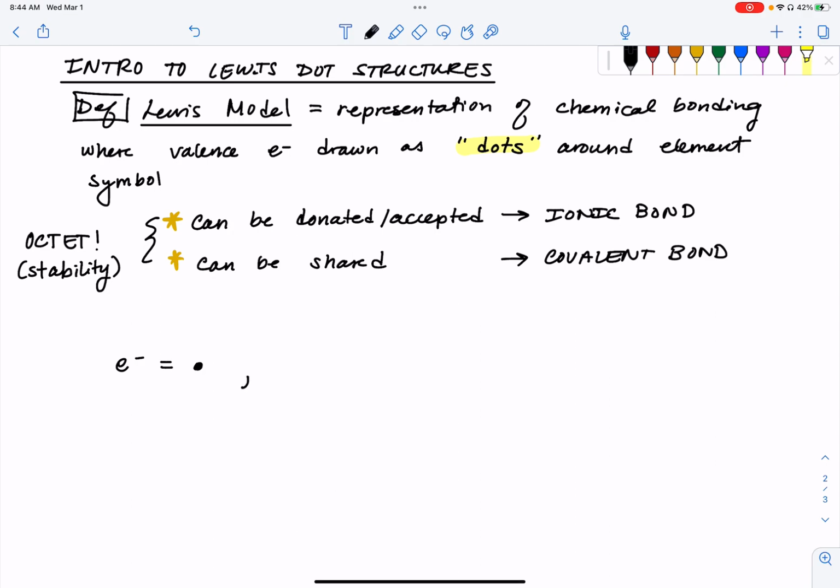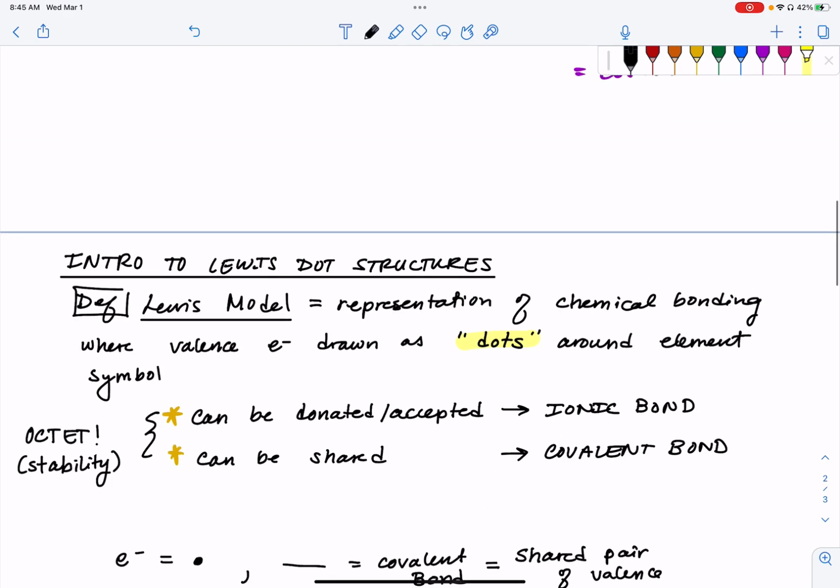In covalent compounds, you will see a line to represent a covalent bond, where by definition, a covalent bond or a bonding pair is always a shared pair of valence electrons, or two valence electrons that are shared.